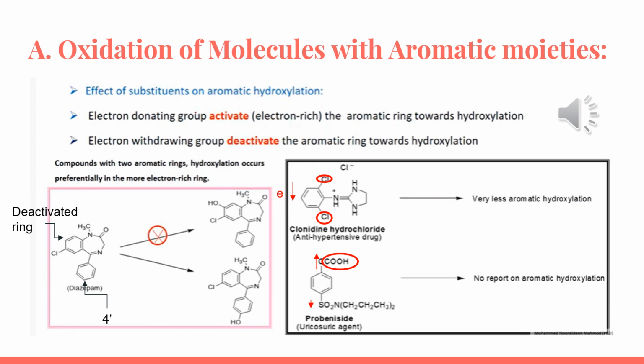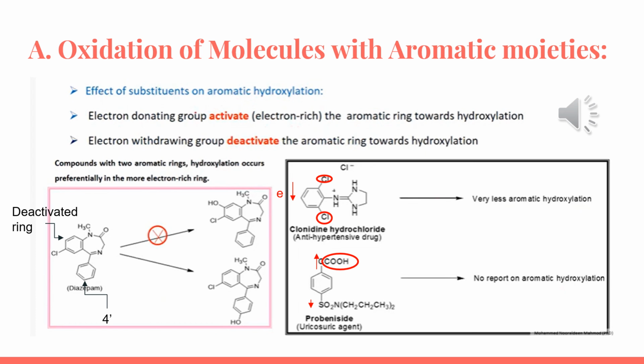Now, the antihypertensive drug clonidine and the uricosuric agent probenecid have not been reported to undergo any aromatic hydroxylation. This is because aromatic rings with deactivating groups are either resistant to hydroxylation or slowly hydroxylated.